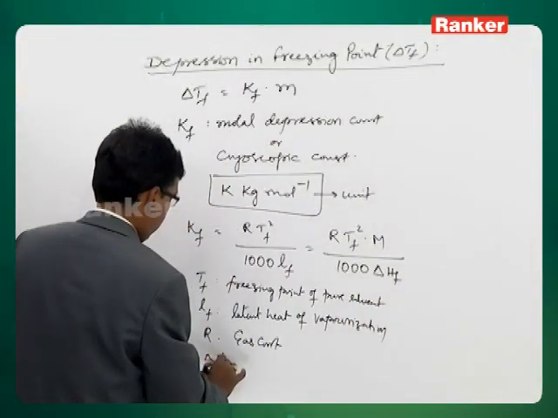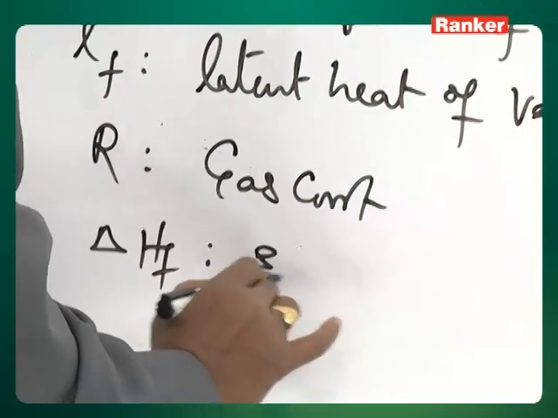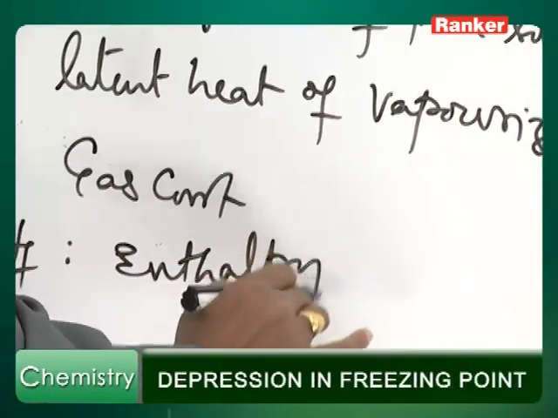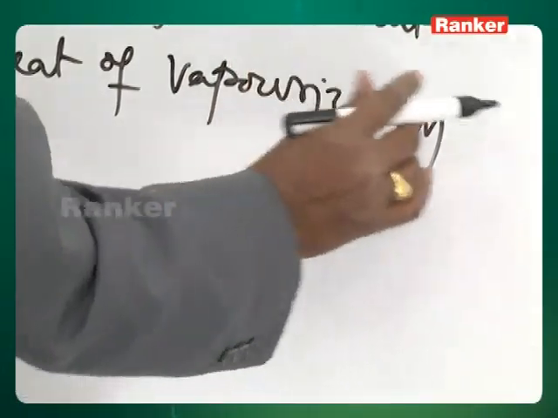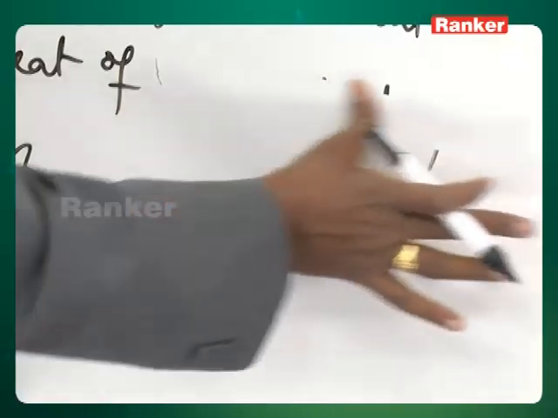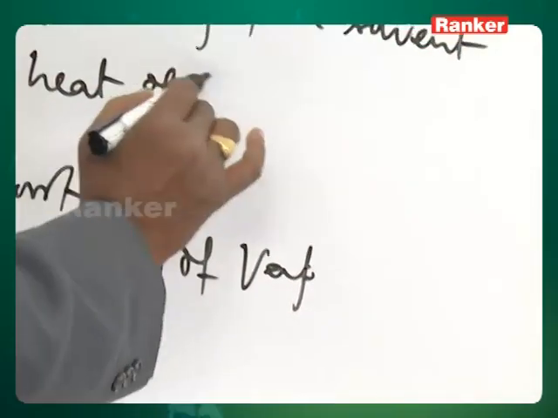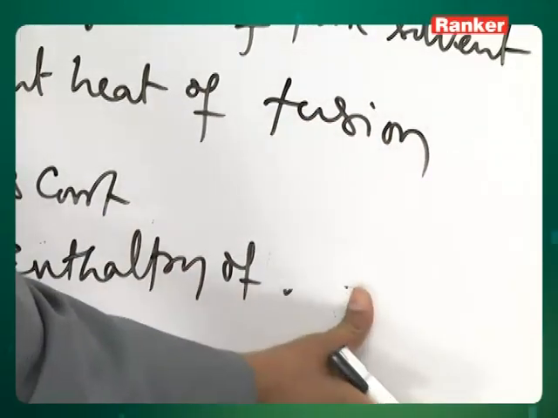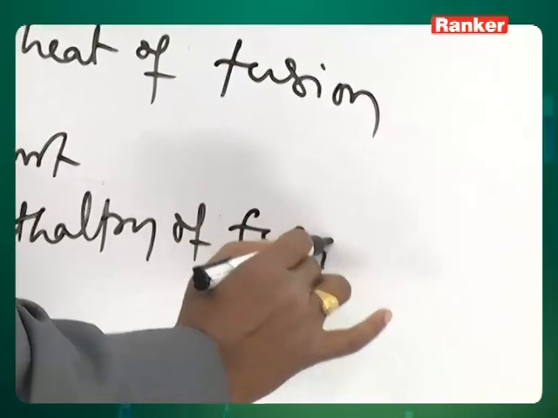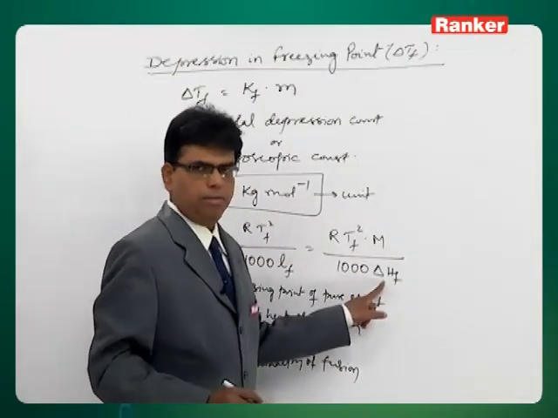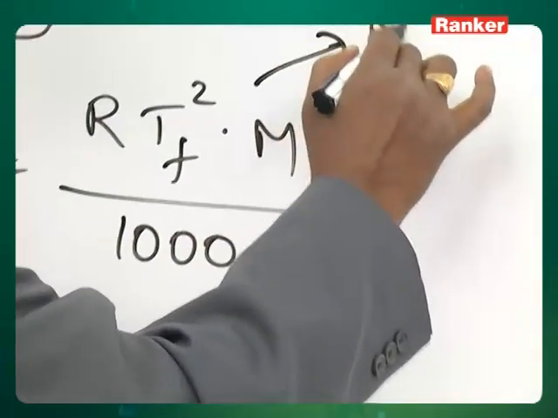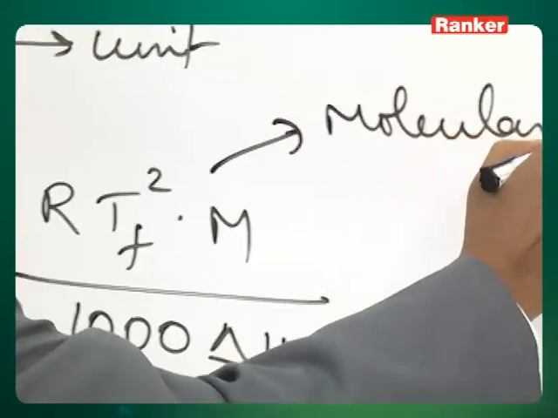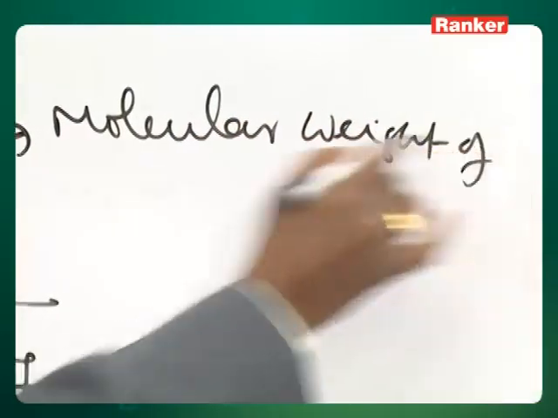where delta HF is the enthalpy of fusion. This is not vaporization, that was vaporization in the case of boiling; this is latent heat of fusion, and similarly here it is enthalpy of fusion, delta HF, and this m is the molecular weight of the solvent.